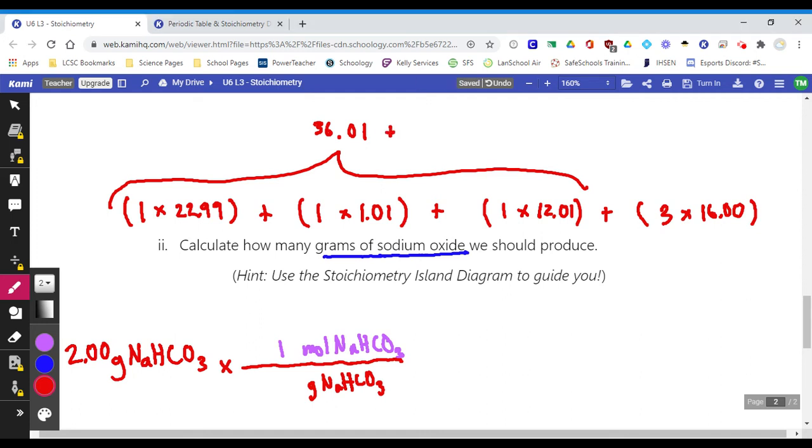Okay. So 3 times 16 is 48. Okay, so 36.01 plus 48 gets me 84.01.